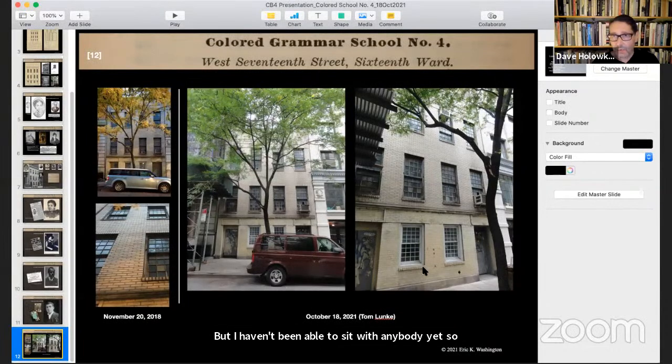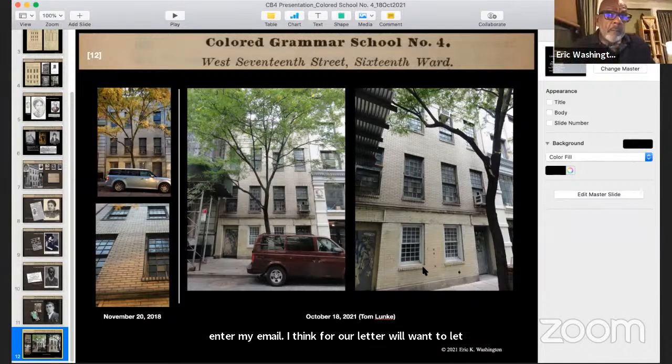I think for our letter, we'll want to let landmarks know when the request for evaluation was first sent. And did you say that was November 2017? No, 2018. They got back to me in 2 months, in January 2019. Then, and I know they're backlogged. This past April, I sent another letter just to see if I could learn something of the status, and she got back to me in a timely way as well and said the building is being researched, and that was it.